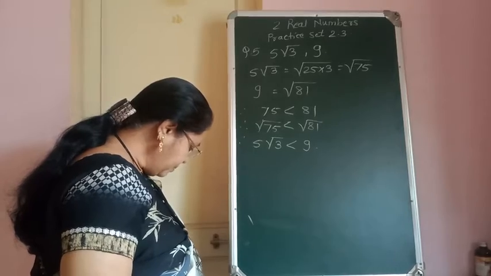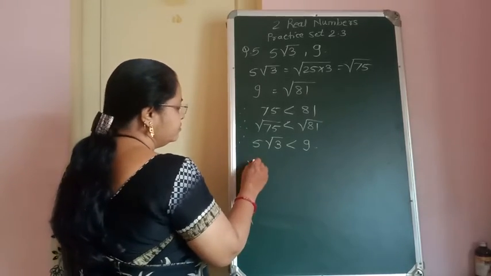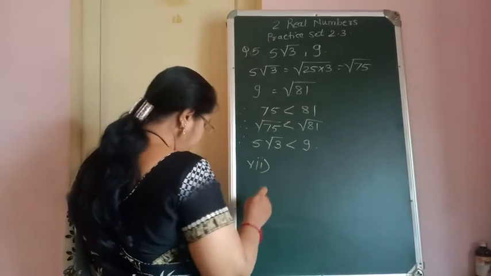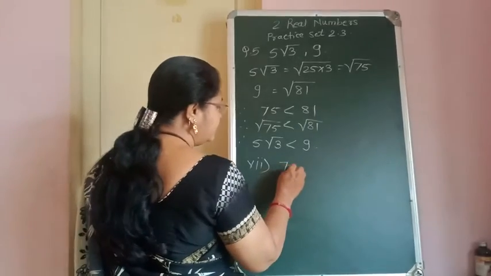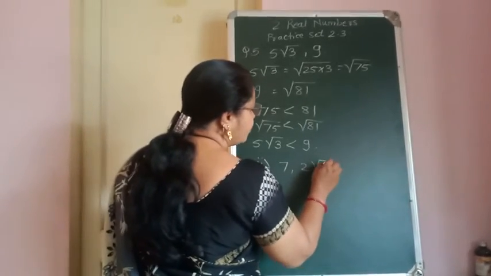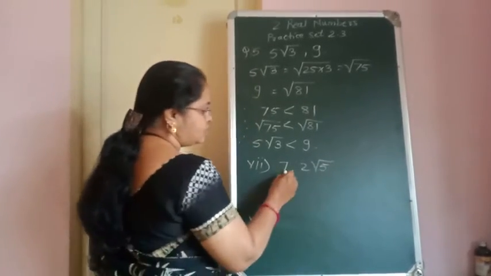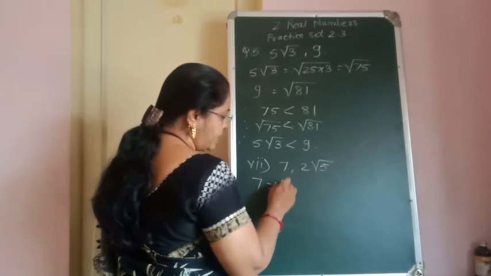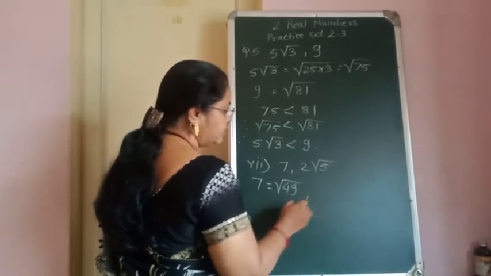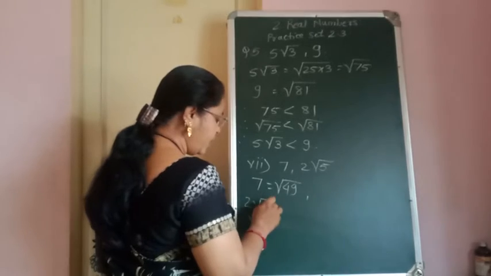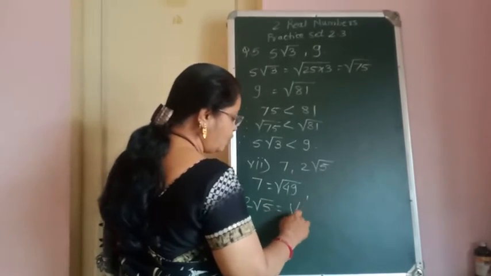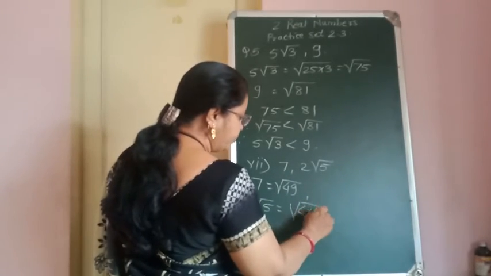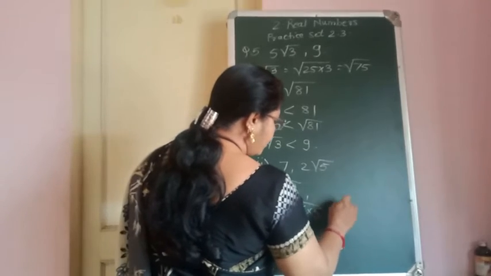In last example, same method, 7 and 2 root 5. So 7 I can write as root 49 and 2 root 5 I can write as root of 4 into 5, that is square root of 20.